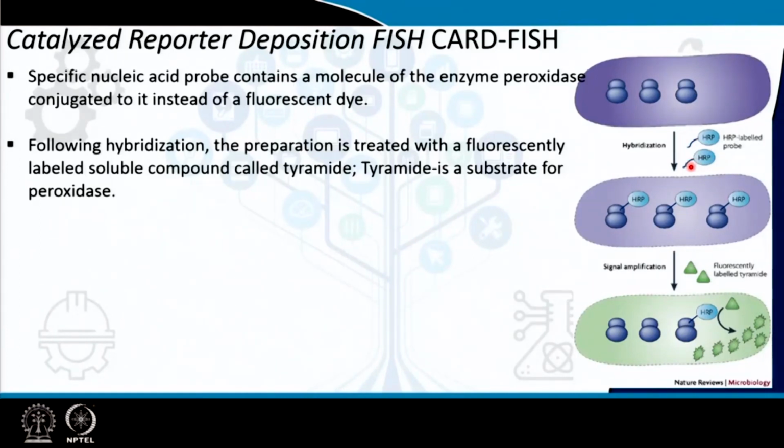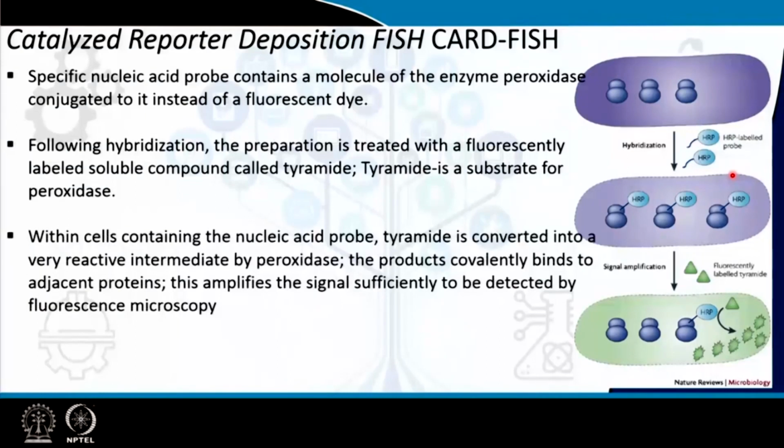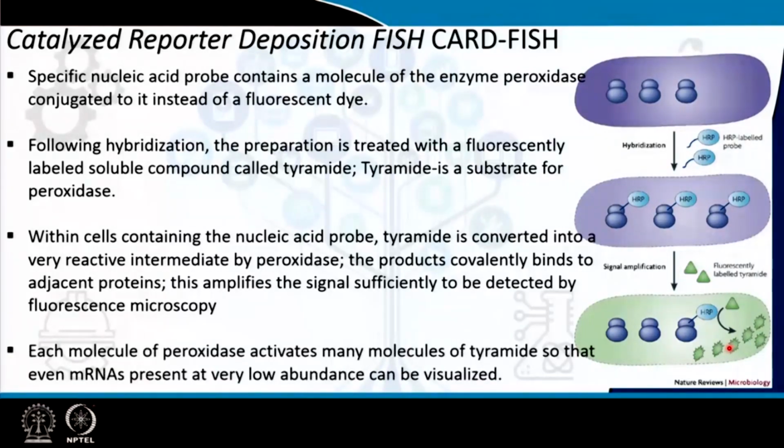Tyramide is a compound which will react with the peroxidase, or rather the peroxidase will react with this tyramide and will produce a compound which is actually fluorescent. Tyramide itself is not fluorescent, but will produce a product which will be fluorescent, and one peroxidase enzyme can keep on converting this tyramide into many fluorescent molecules, and these fluorescent molecules will bind to the adjacent protein molecules, and eventually the signal will be highly amplified.